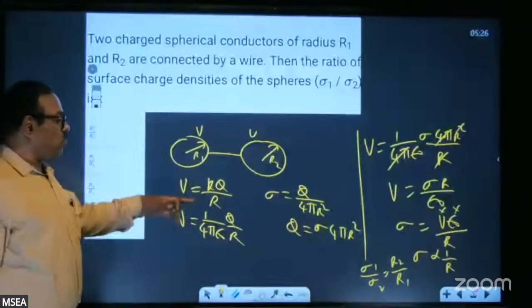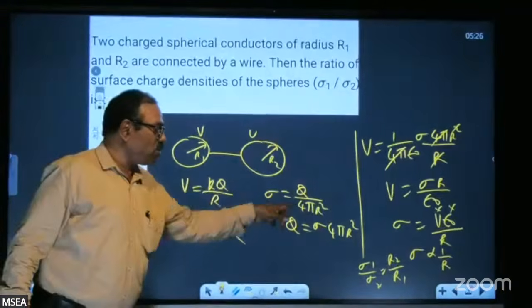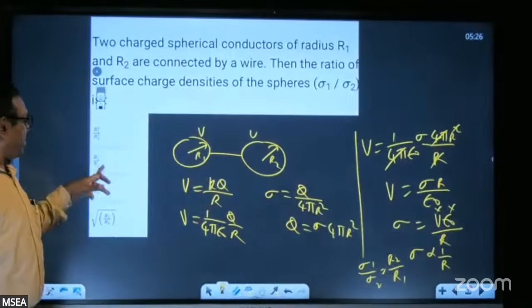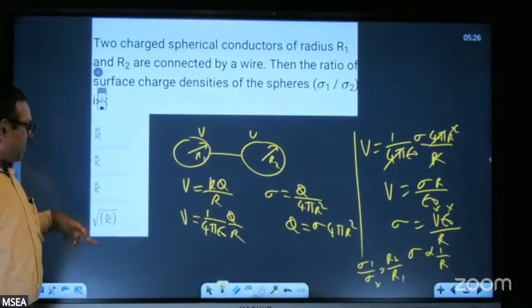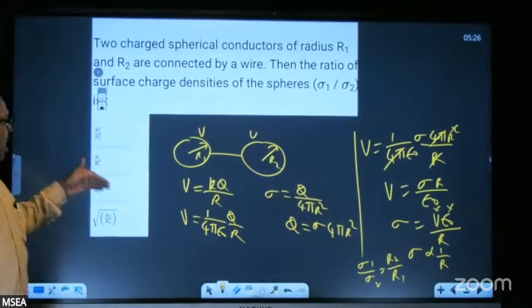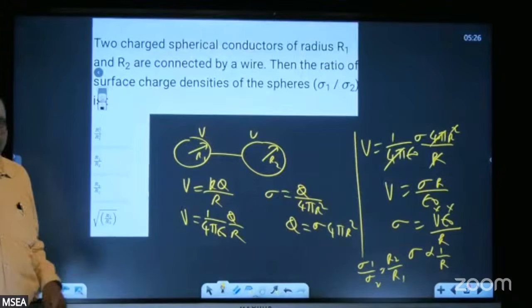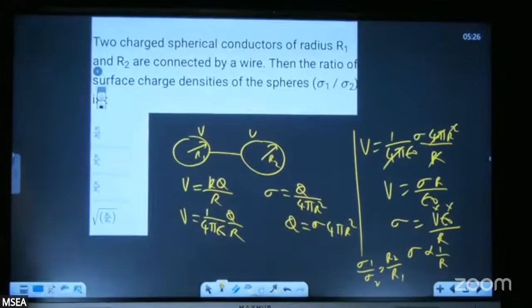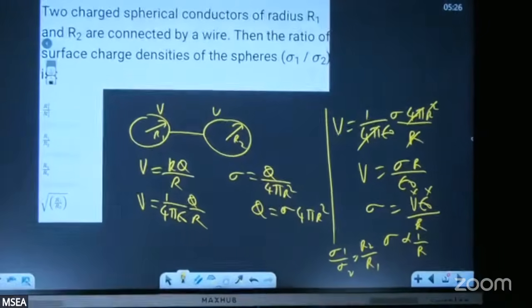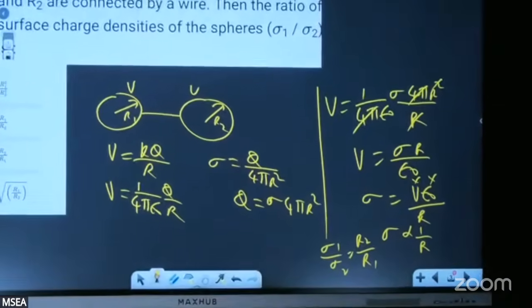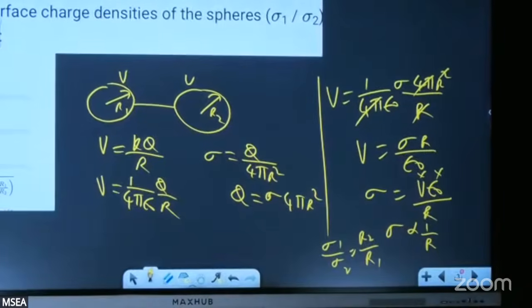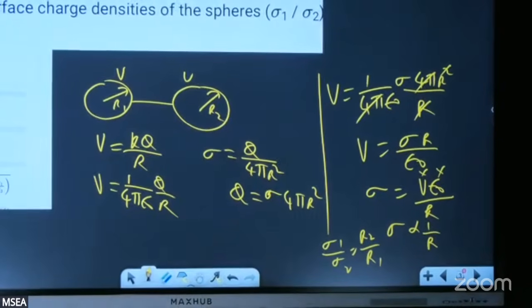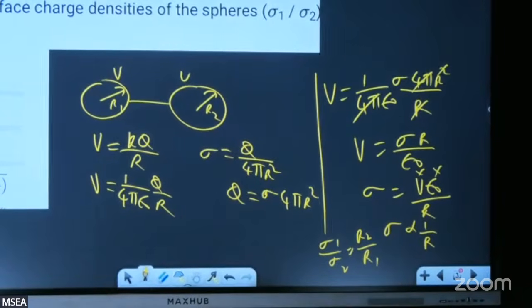It is inversely proportional, so R2 square by R1 square is wrong, and R1 square by R2 square is wrong. It should be R2 by R1. This you have to remember. So what is the important point here? When two spheres are connected by a conductor, it is not the charges that are the same; you must remember the potential should be the same.